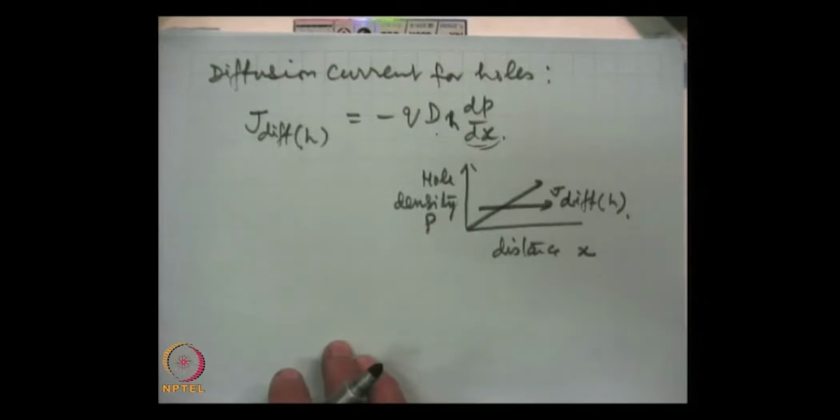If we have a silicon crystal which is doped on one side with the acceptor impurity making it p type and on the other side n type impurity making it n type, then what will happen?